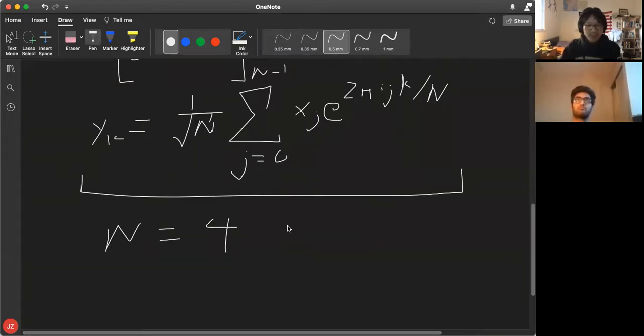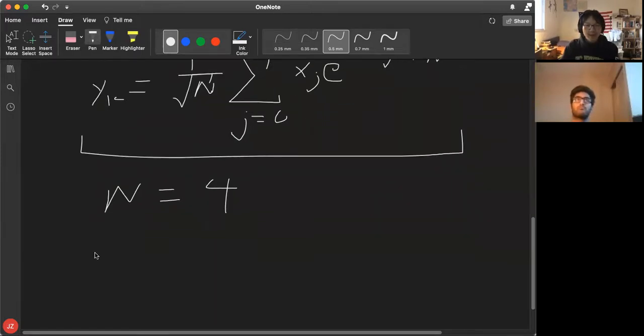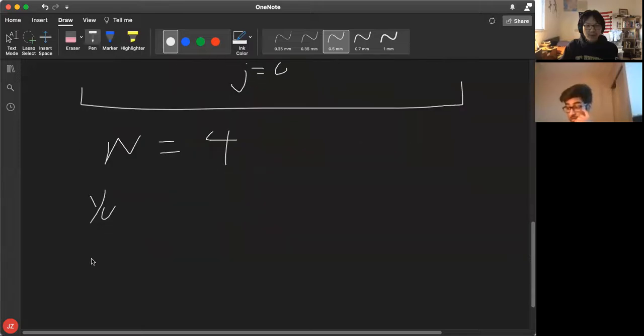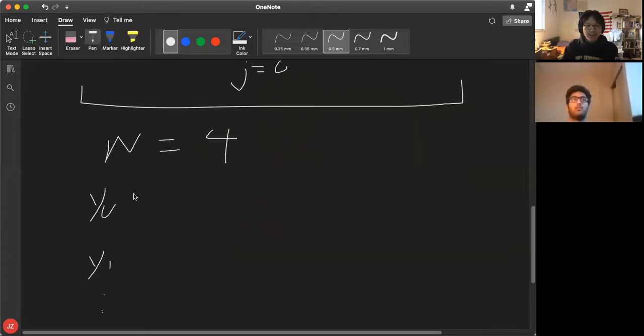So we would have n equals 4, and for each element there's an associated y. So we'd have y sub 0, y sub 1, all the way down to y sub 3. But we'll just look at these two for now, and you'll see where this matrix comes from.